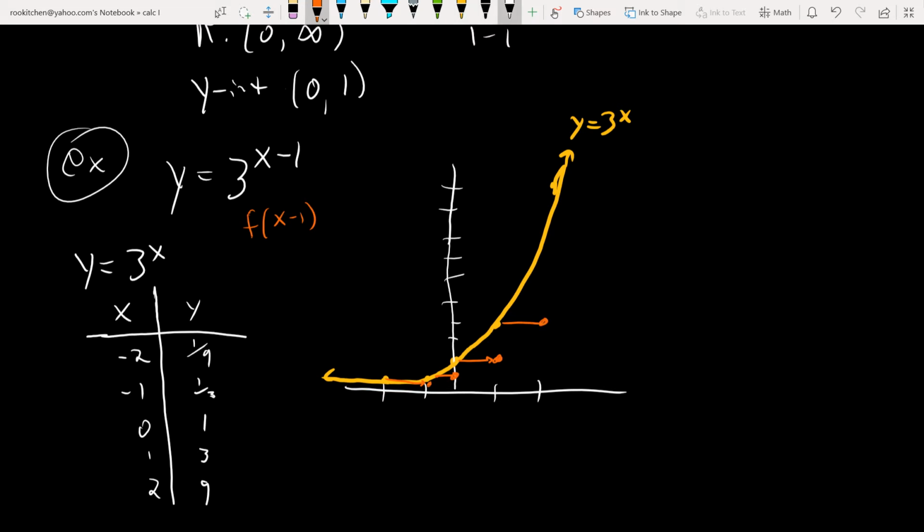I'm going to need another tick mark on my axis. Finally take this guy over 1, and draw that. So y equals 3 to the x minus 1. No big deal.